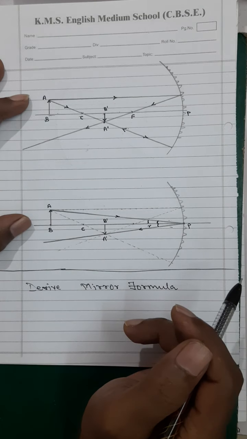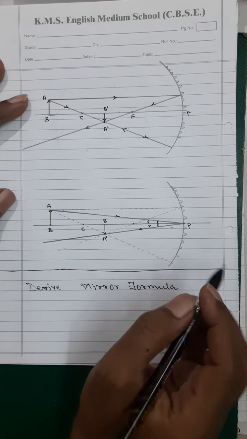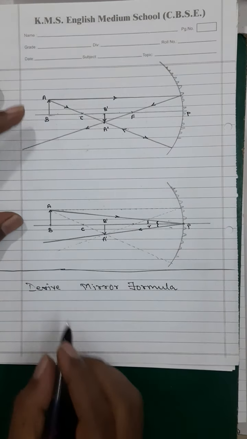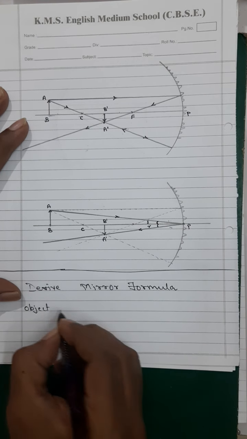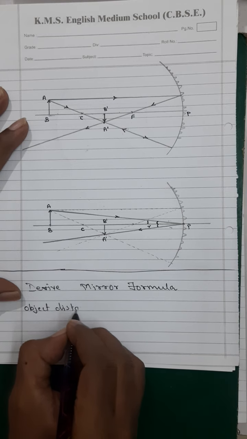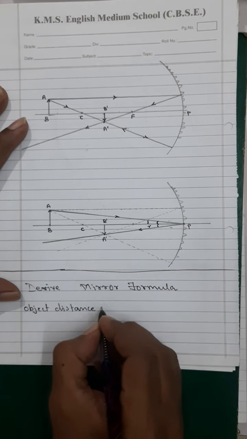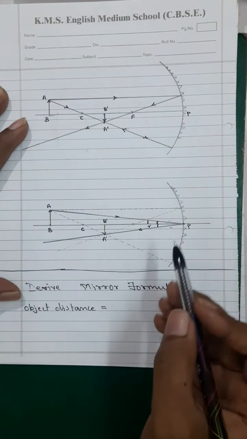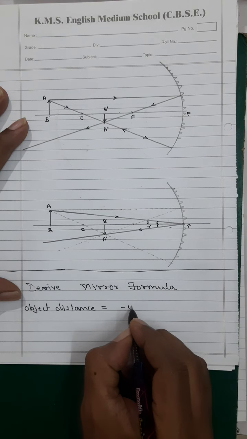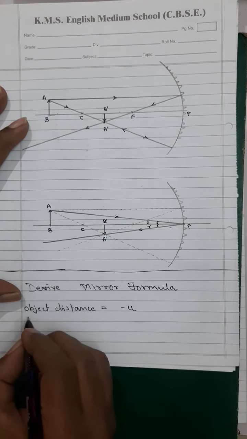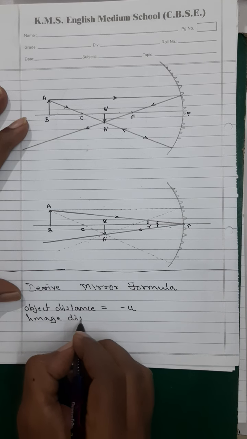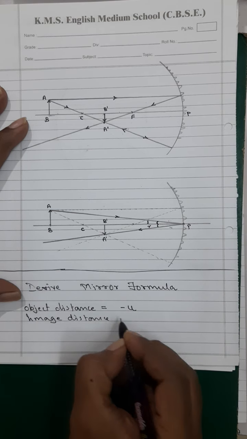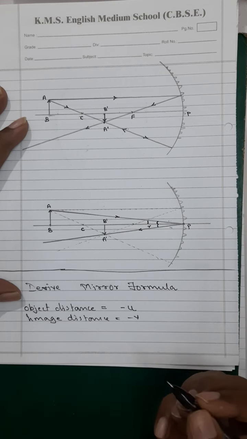So now, before going further, one more thing you have to understand: object distance. What is the object distance in this case? It will be minus u. Image distance, minus v.